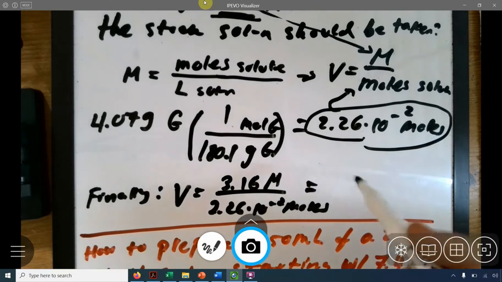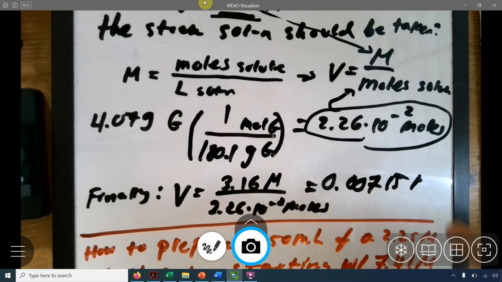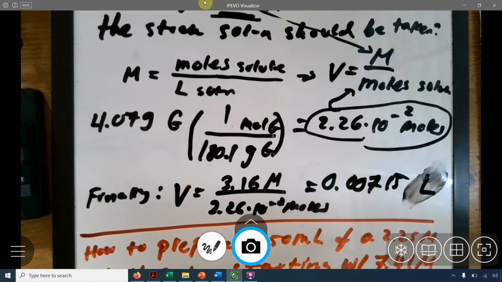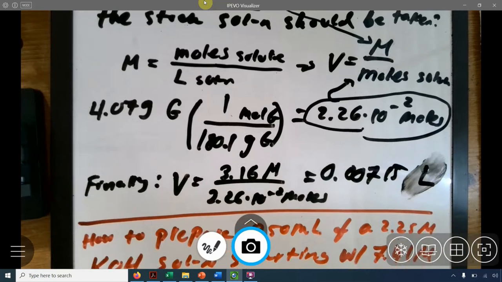And that is equal to 0.00715, well, 715 milliliters, liters, which the question didn't specifically ask you to get to milliliters, but just for fun, we'll do milliliters. That's just 7.15 milliliters.